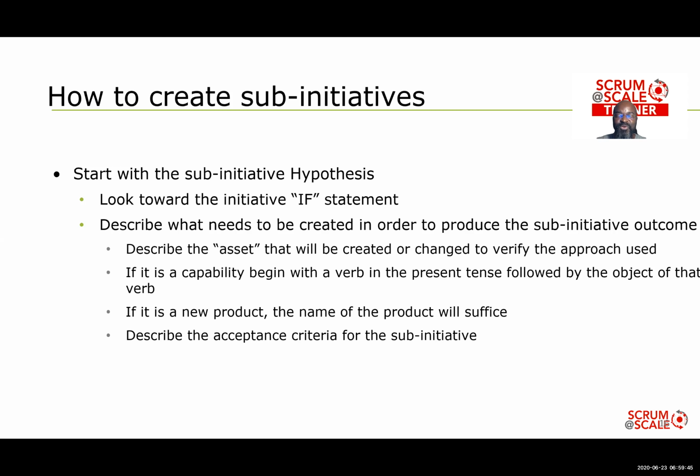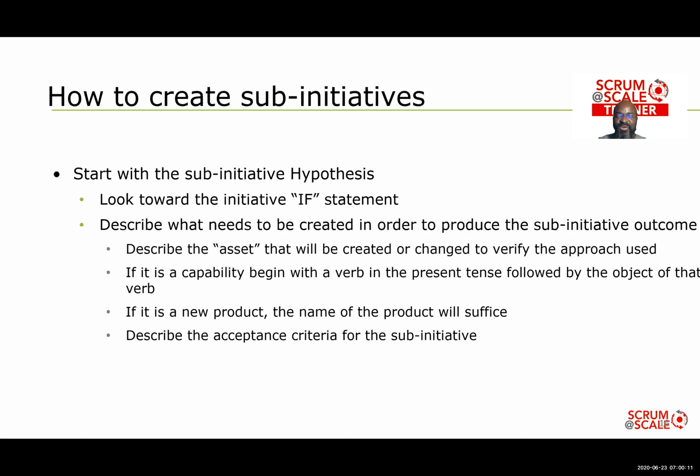When I actually build it, whether I'm taking the acceptance criteria from an initiative or building things incrementally, when I name it, I'm going to name it with a verb in its present tense, followed by the object of that verb, right? And then I'm always going to take the acceptance criteria. How do I know that this thing is complete?